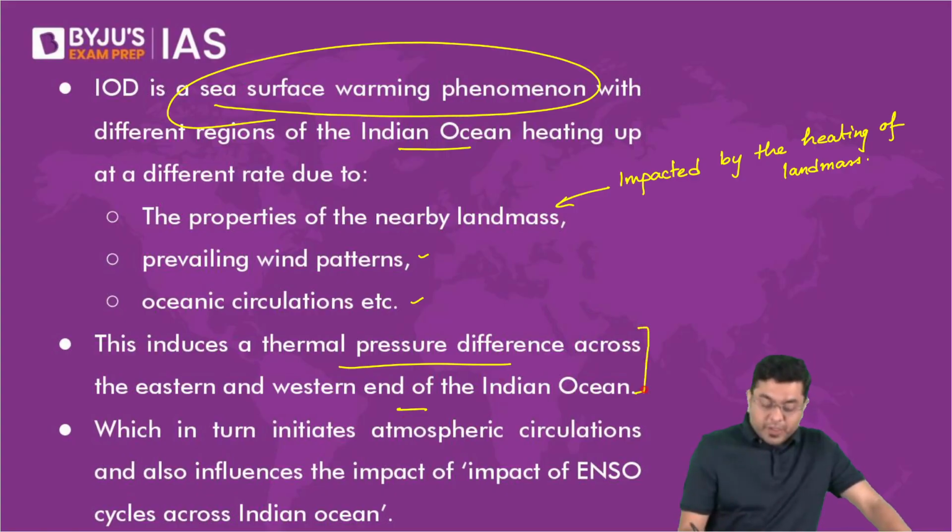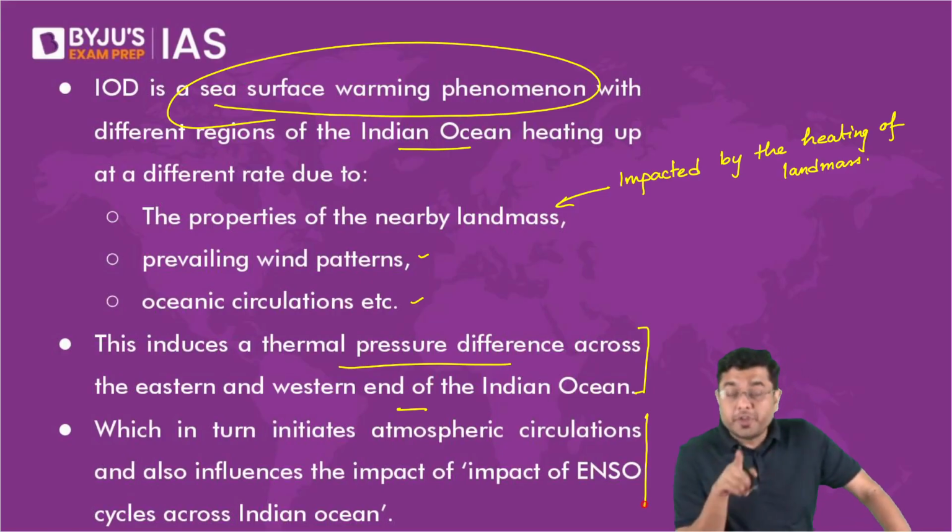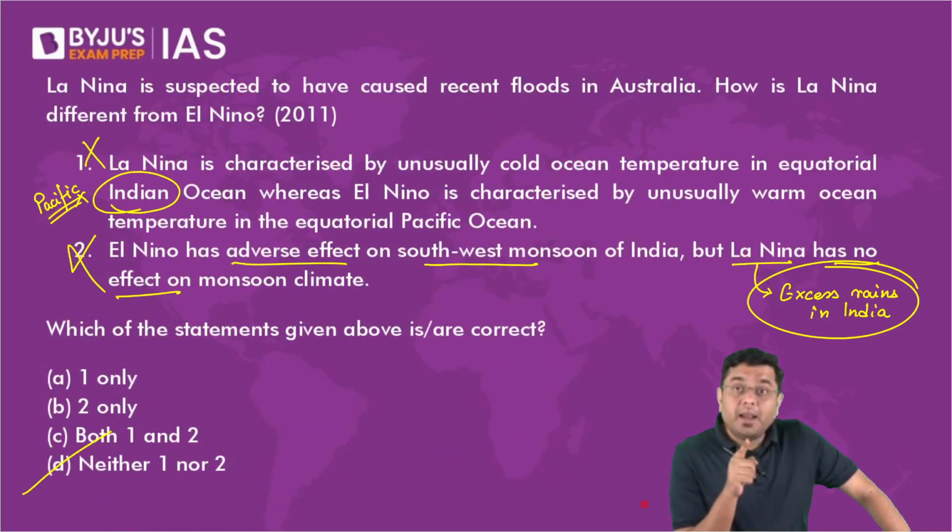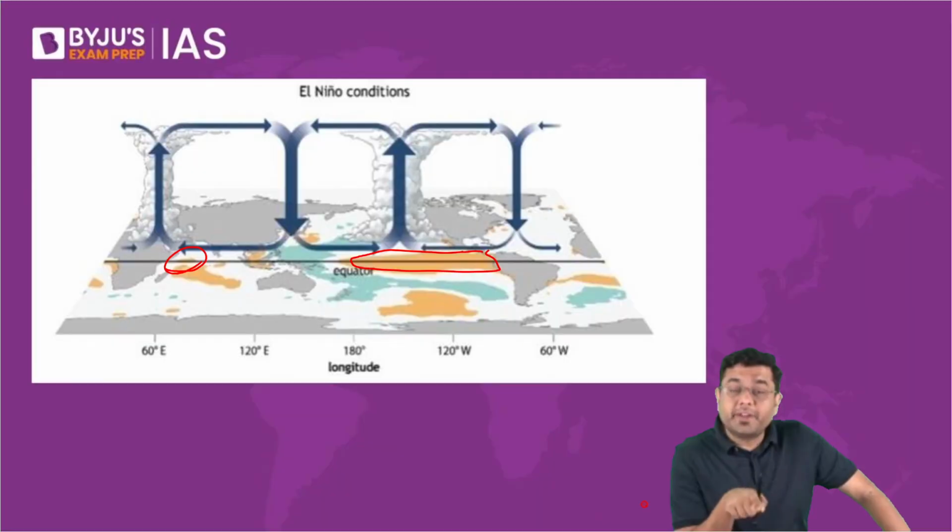This thermal pressure difference will induce an atmospheric circulation, and that atmospheric circulation will be initiated in the Indian Ocean. So imagine, earlier we had seen an atmospheric circulation initiated by the ENSO cycle.